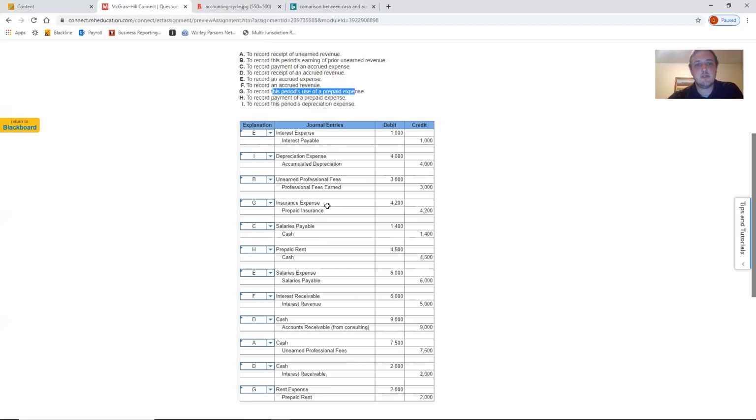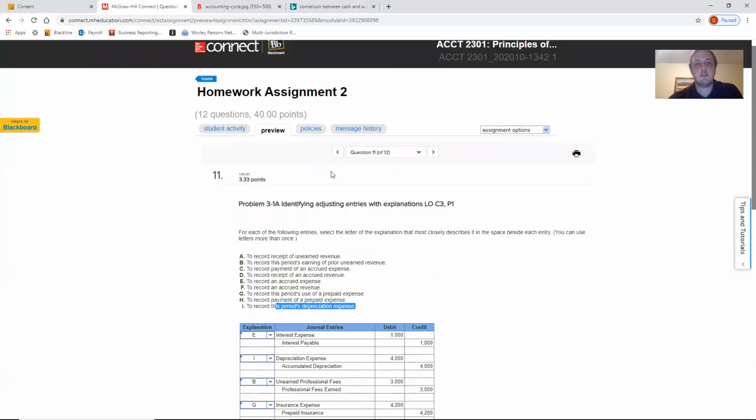So we're looking to decrease an asset, prepaid rent, increase the expense, debit. Record payment of a prepaid expense, so cash is leaving the door and we're getting a prepaid asset in return, a prepaid rent, credit cash. And depreciation, again, we're going to increase depreciation expense and we're going to credit the contra asset, increasing the contra asset of accumulated depreciation.